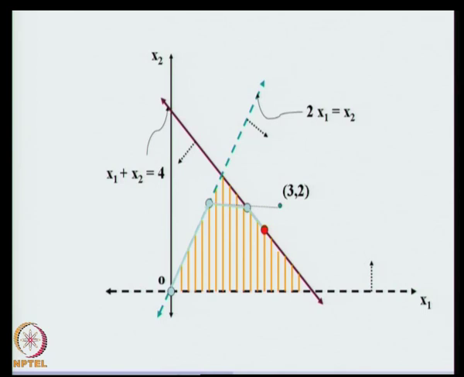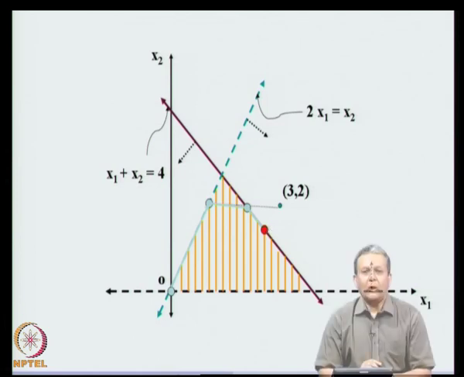And the second point that we need to note here is that all the points which are generated always lie on or inside the feasible region. That means we are not allowed to deviate at any point of time from the feasible region. Even a very small deviation is not allowed.